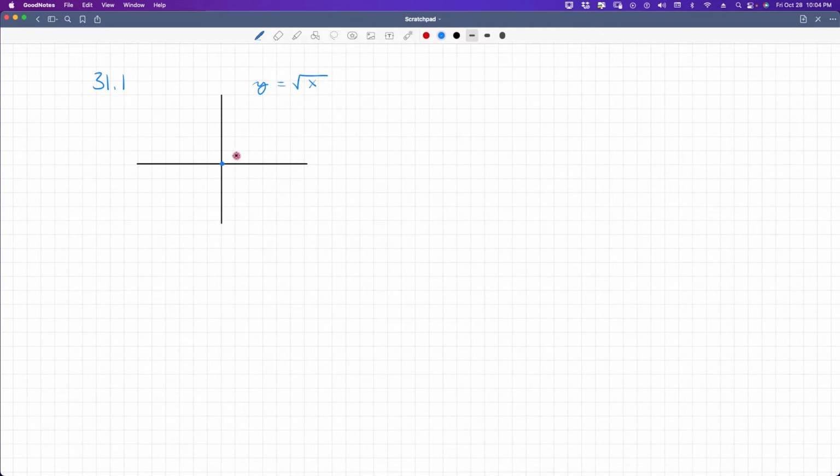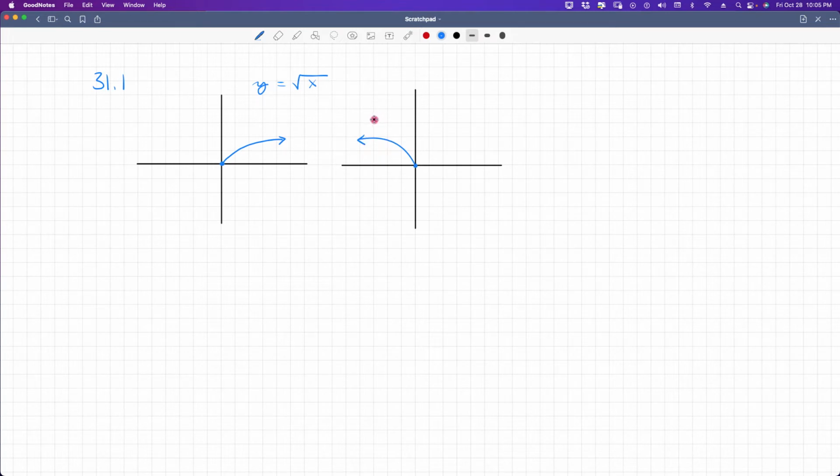It's a square root function, and it does this number right here. Okay. So now I have a reflection of this over here. On this one, it starts at the same place, but then it goes this direction, kind of like that. So it arcs out in the other direction.